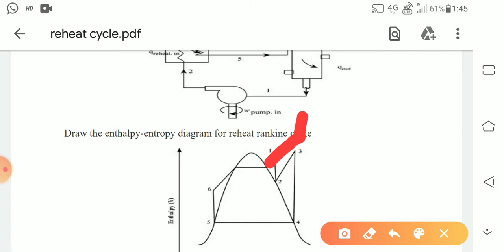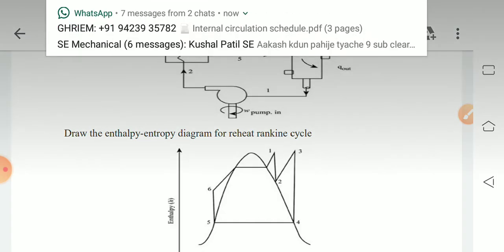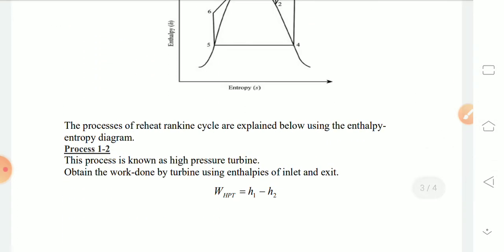So here is reheat in process 2 to 3, and 3 to 4 is the low pressure turbine, and 4 to 5 is the condenser process, and 5 to 6 is pump work, and 6 to 1 is the boiler process. Here is the heat supplied inside the cycle. Now I am going to explain the processes one by one.